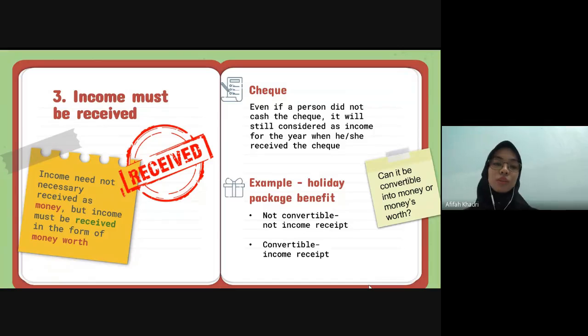If it is not convertible into money or money's worth, then it is not an income receipt. As for the check, it is not in the form of money, right? Before we cash the check, it is still considered as income in the year we receive the check because it has its value. I hope you are all clear with the third characteristic.